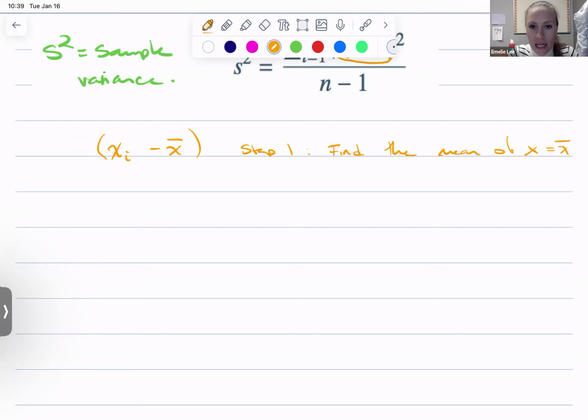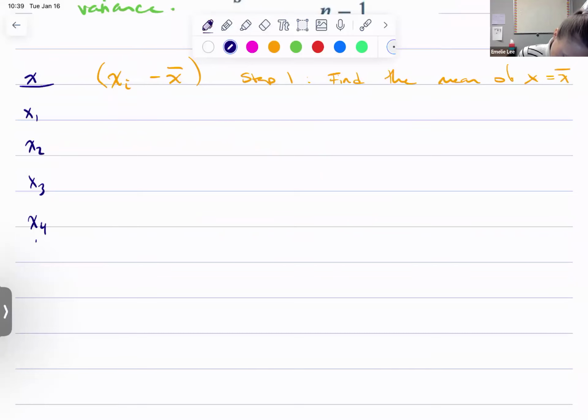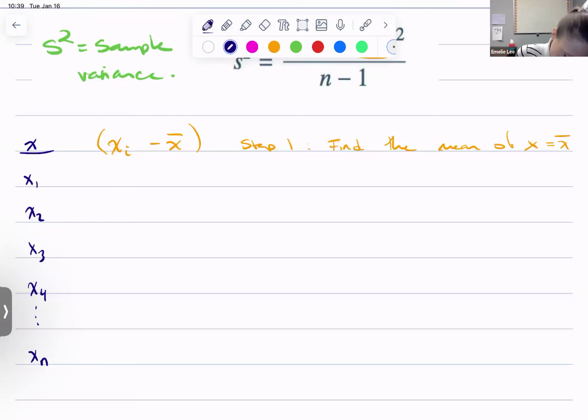Okay. Now, just to highlight what this would look like, x in your data set would be something like x1, x2, x3, x4, all the way down to xn. Okay, so here's what your data looks like. And we generalize the variable name by x, a generic value of x.